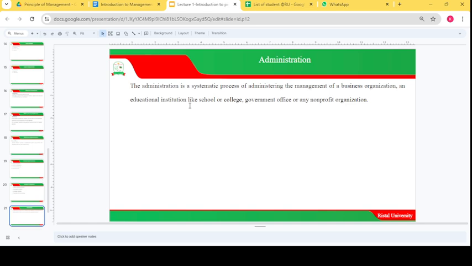And let's look at administration. So administration is a systematic process of administering the management of business organization, an educational institute like school or college, government office, or any other non-profit organization.